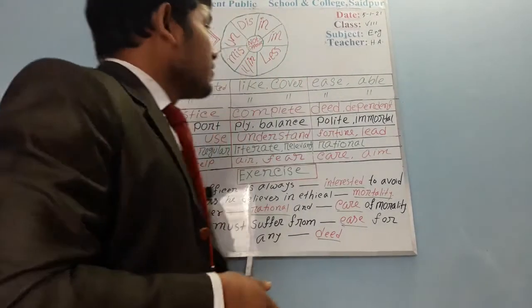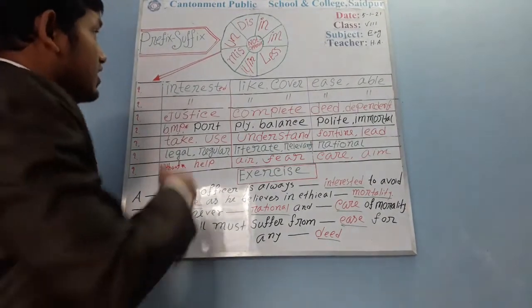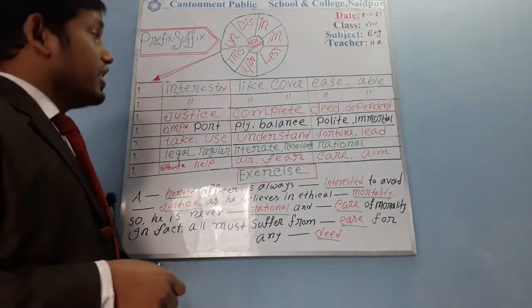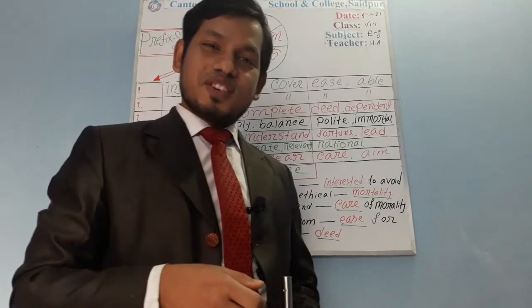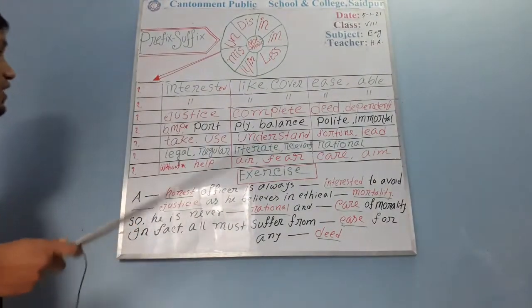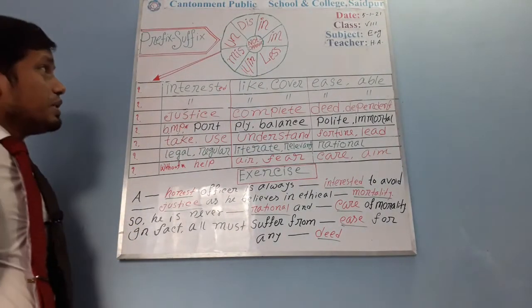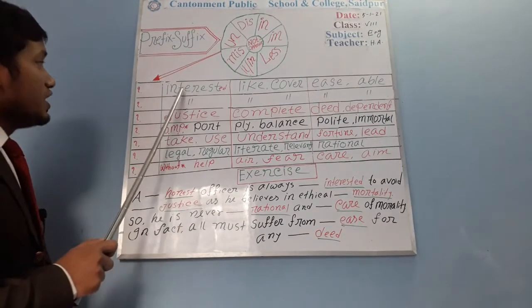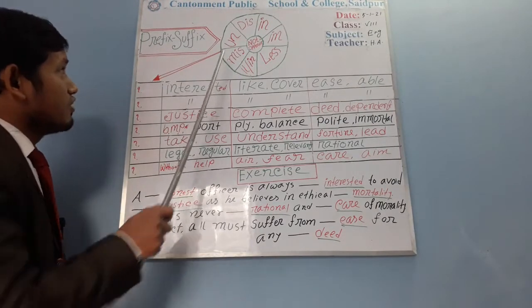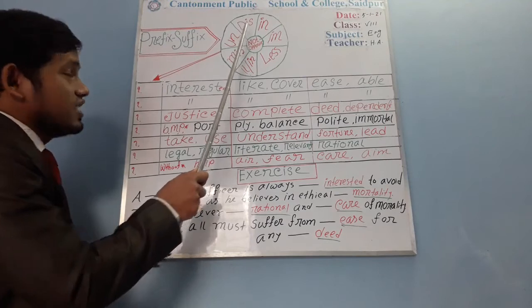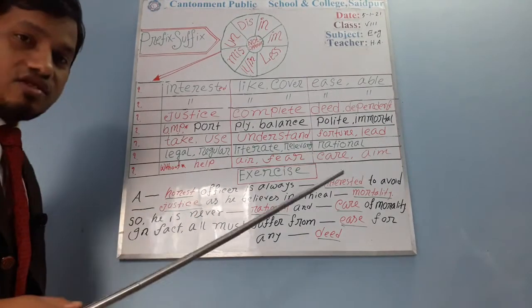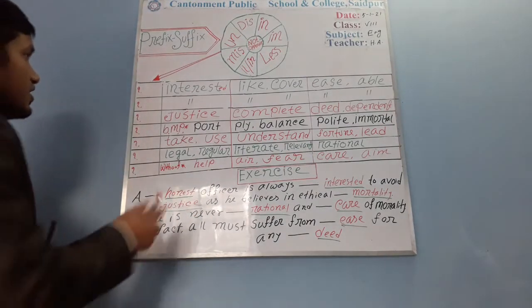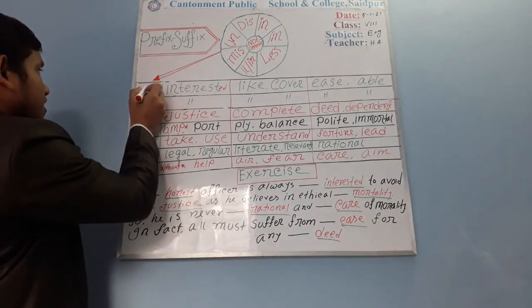That means for better practice, you can become familiar with using these words well. Okay, so learners, here you can see which prefixes can we use here now. Interested, can we use disinterested? Yes, of course.